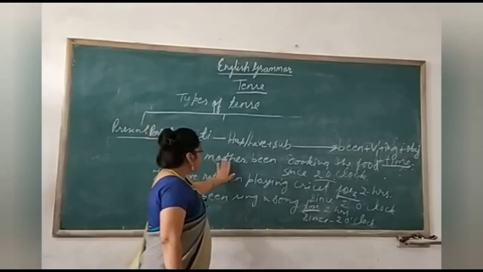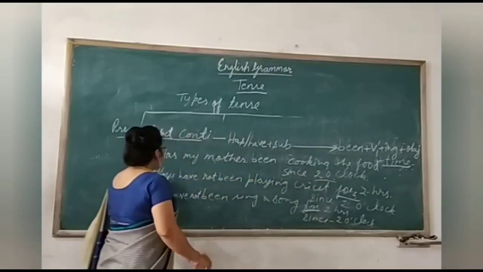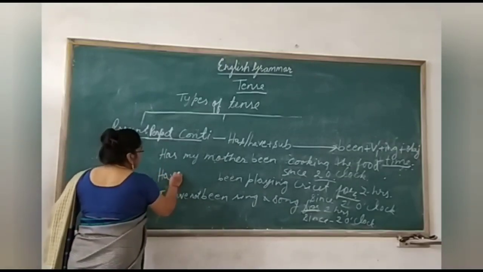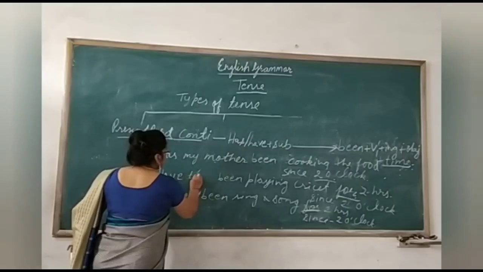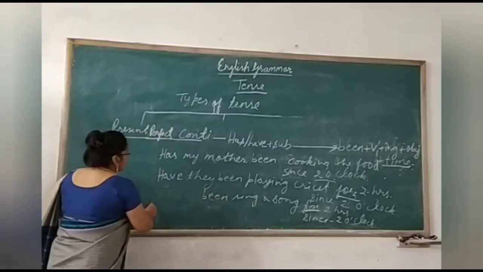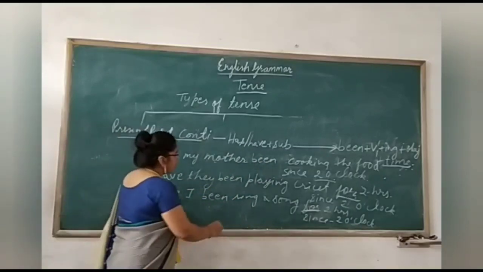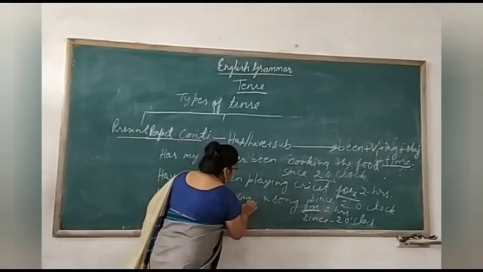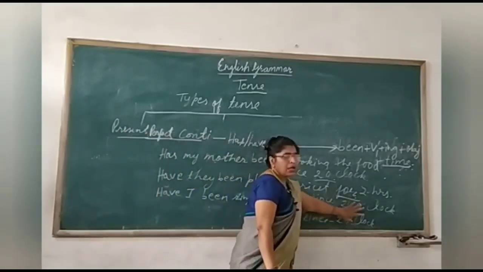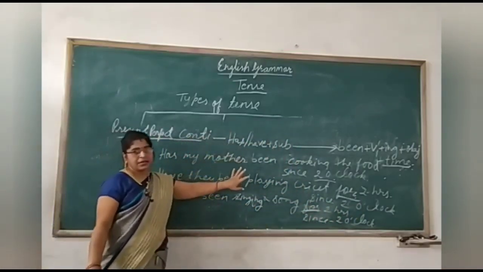Clear? Has my mother been cooking the food for 2 hours or since 2 o'clock? In the same way, write "have" in the beginning here. Have they been playing? Next, here also you write "have" in the beginning. Have I been singing a song for 2 hours? So children, this is all about present perfect continuous.